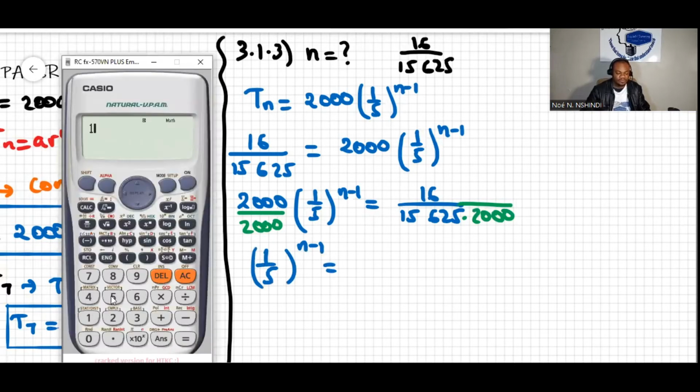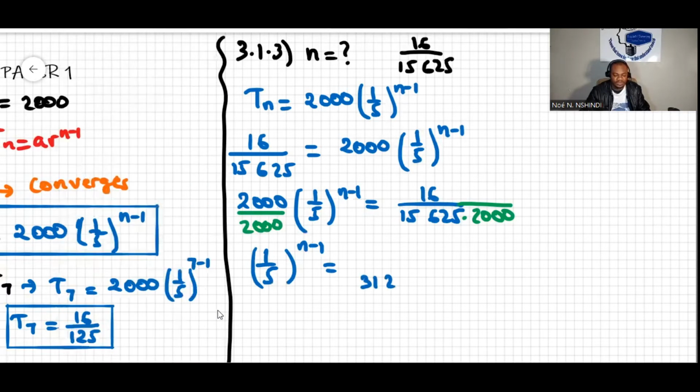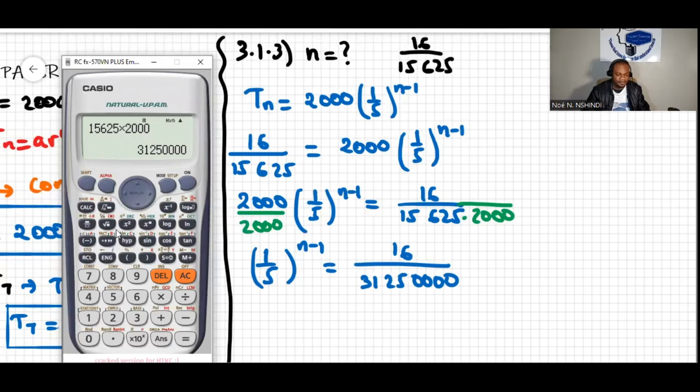15,625 times 2000, which is 3 zeros. This is equivalent to 3125 and then 4 zeros, under 16. Can we simplify this?